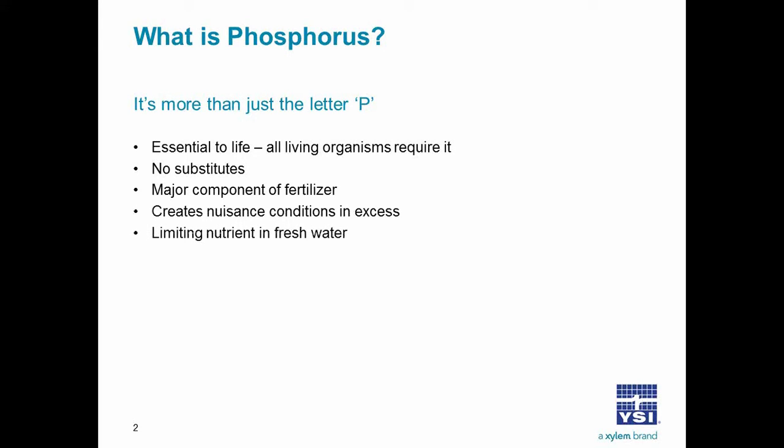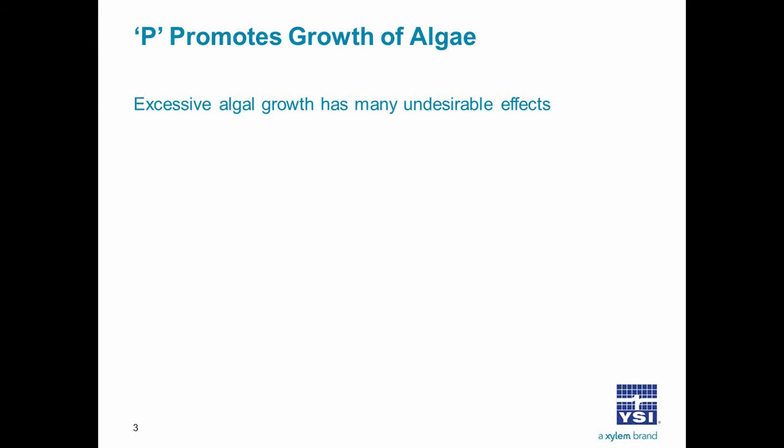And typically it is thought of as the limiting nutrient in fresh water, nitrogen being the limiting nutrient in marine water. And also, a subject of a different webinar, high-quality reserves are depleting, such that in a few years we could run out of quality phosphorus. But that's a topic for another day.